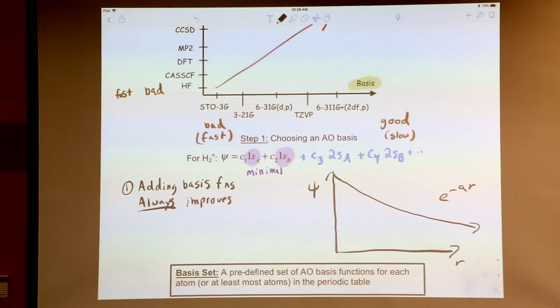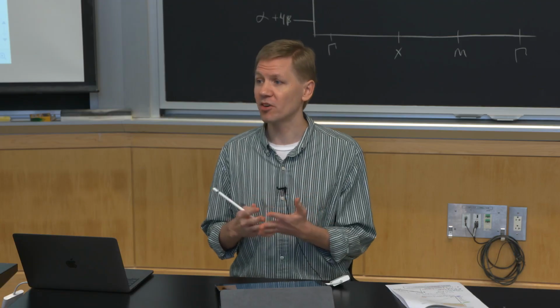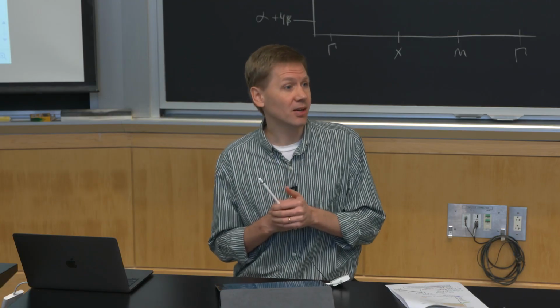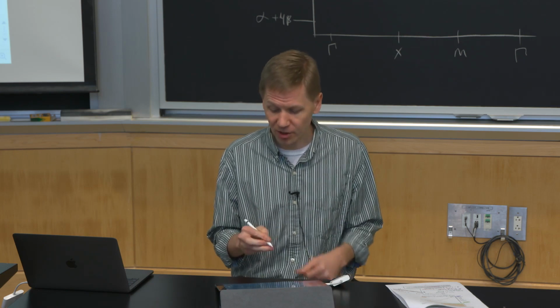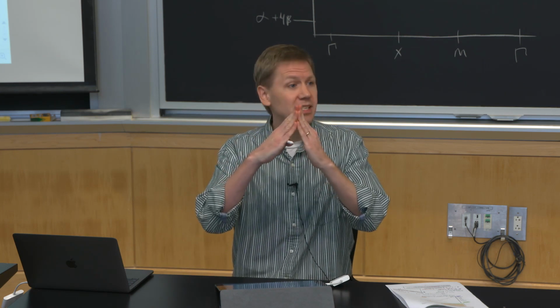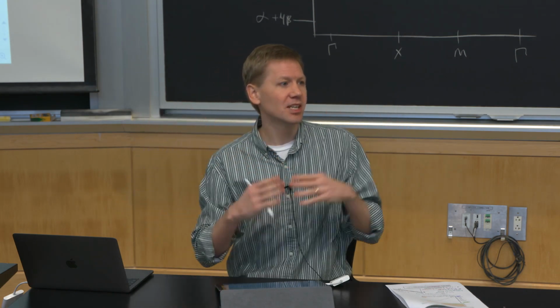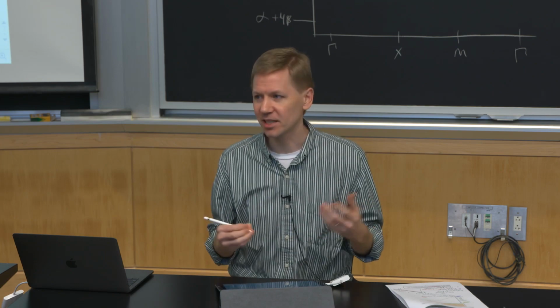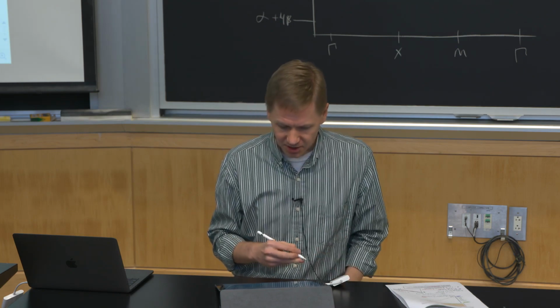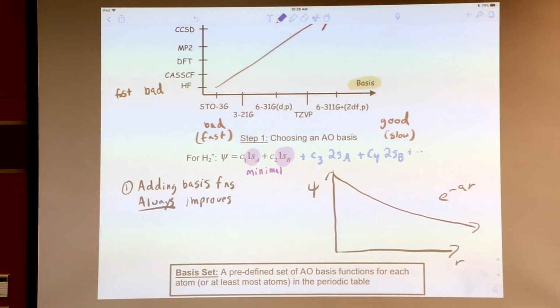It turns out that for practical reasons, these are inconvenient to use on a computer, because integrals involving exponentials are not analytic in 3 dimensions, primarily because of the cusp that occurs at r equals 0. If you multiply two of these times each other and try to do an integral, you have a cusp over here and a cusp over here, and the integral is just not something that can be worked out.